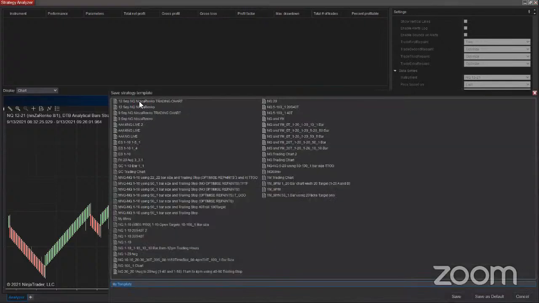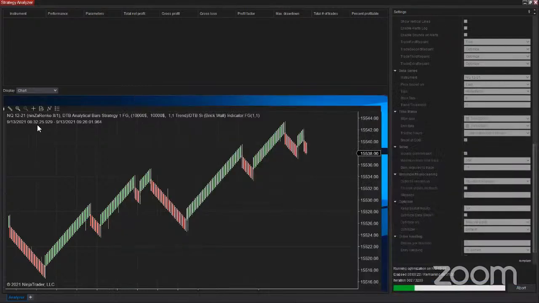Template save, I'm going to call it 12, today's the 13th, so 13th of September, NQ NinjaTrader, save. All right, so now that I've got that, I'm going to quickly copy and paste that into our Skype chat.